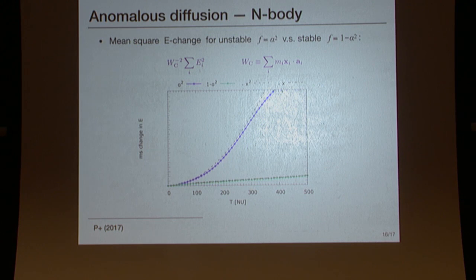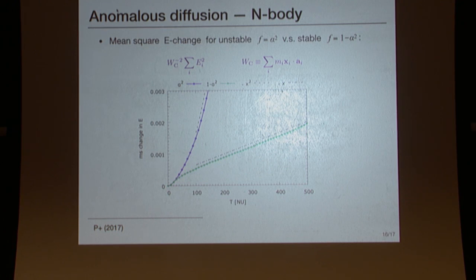And if we magnify, we will see that it has linear behavior, and the diffusion coefficient may be several times greater than what we would expect from the usual two-body relaxation, but it is of the order of this value. So this is what we would expect from conventional theory.